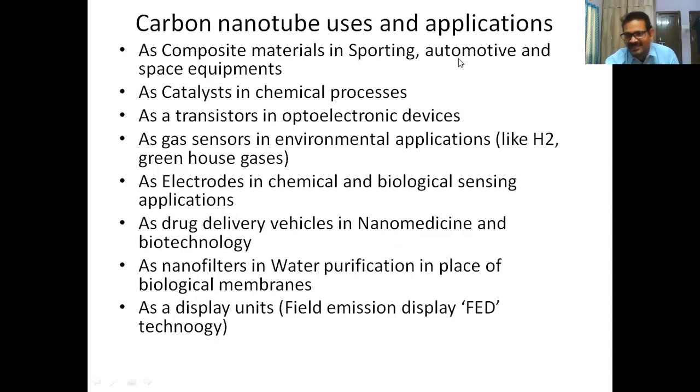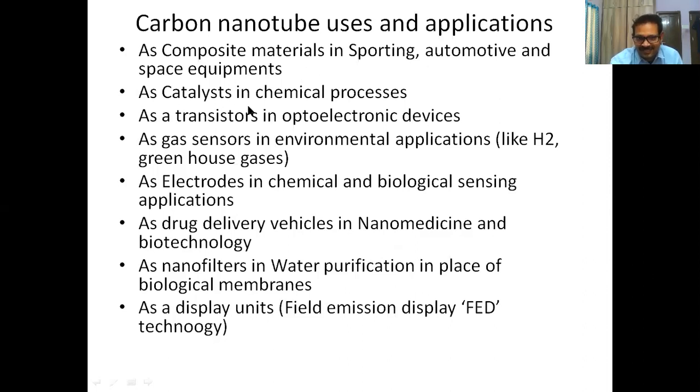Earlier, when they used wood, they normally got a tennis elbow from continuously using heavyweight tennis rackets. So nowadays, tennis rackets are becoming lighter and stronger because of carbon nanotubes. In automotive and space equipment also, where high strength and light weight are required, we normally use carbon nanotubes.